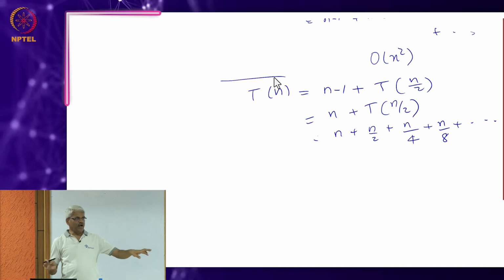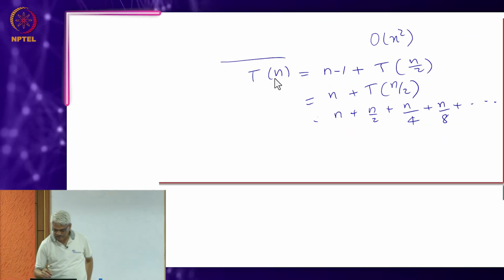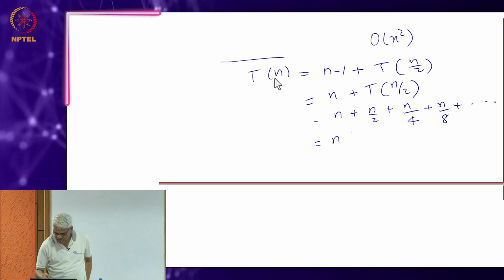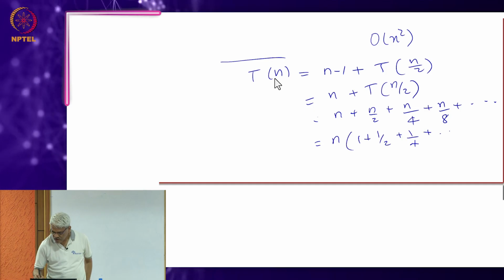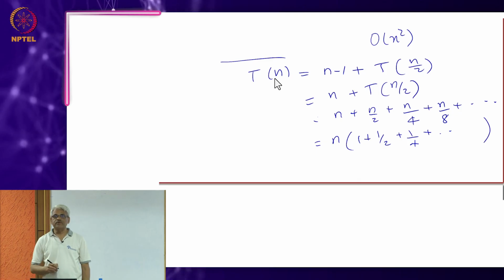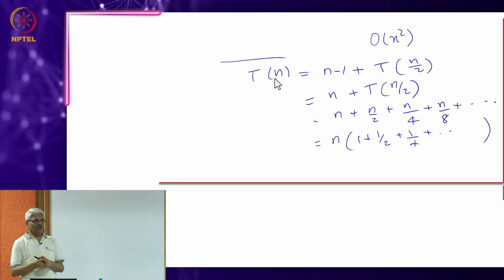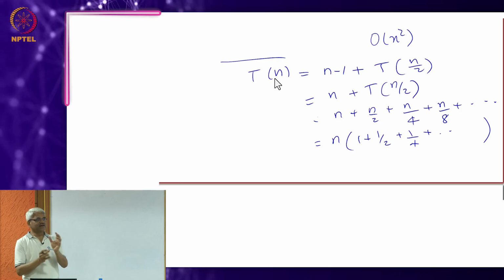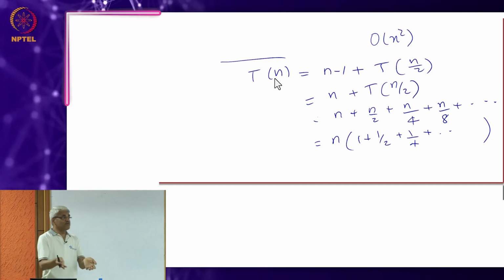So let's take n out. One plus half plus 1 by 4, and if you go all the way up to infinity, what is the sum? 2n. The whole thing is 2n. Essentially it's n plus n by 2, so it's linear. Linear is what I am aiming for.